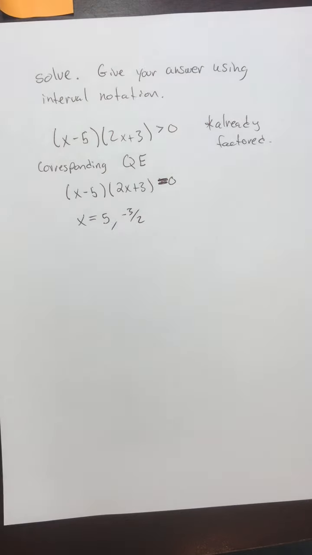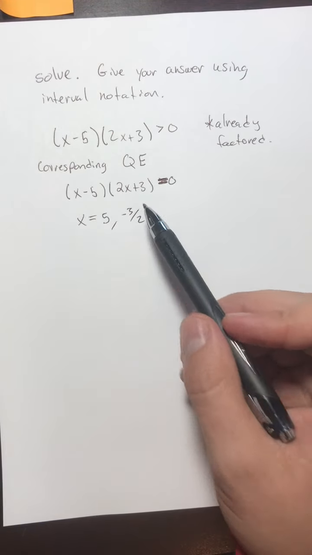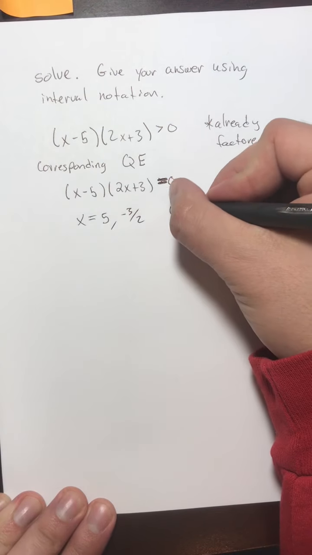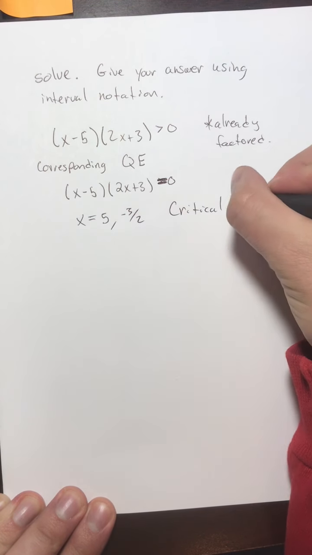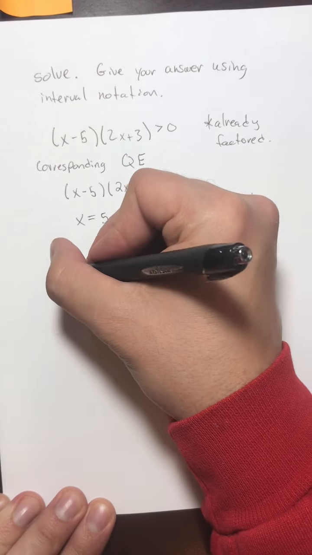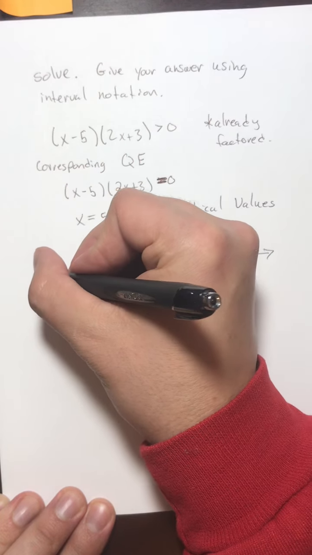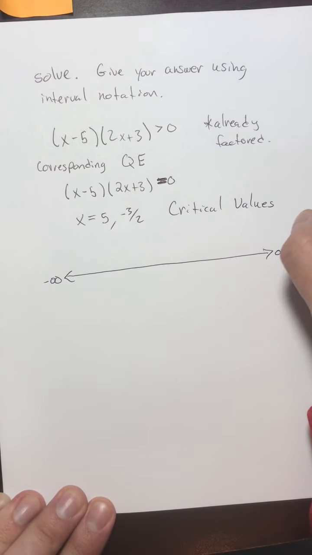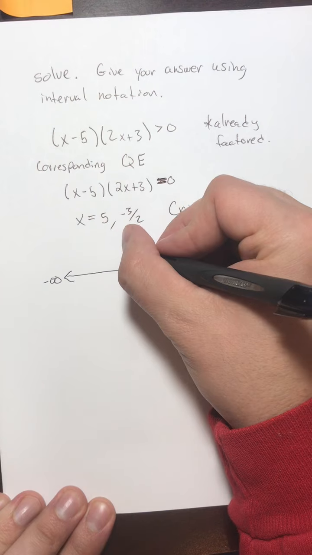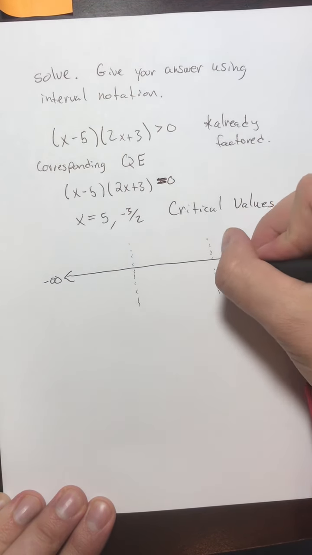And the solutions to the corresponding quadratic equation are 5 that comes from this factor and negative 3/2 that comes from this factor, and we call these critical values. That is important. If you're like me, you like a visual, so I draw a number line and then separate it at the critical values.